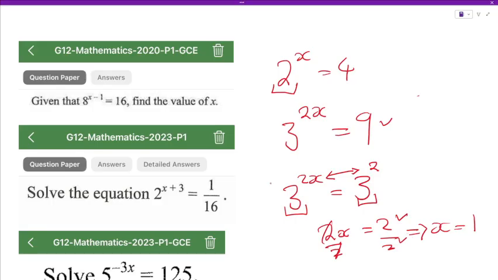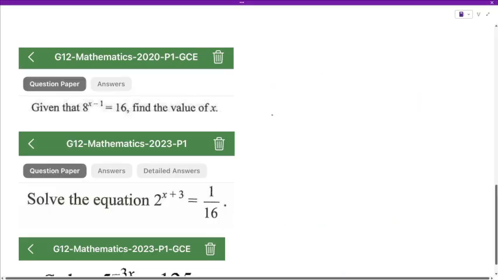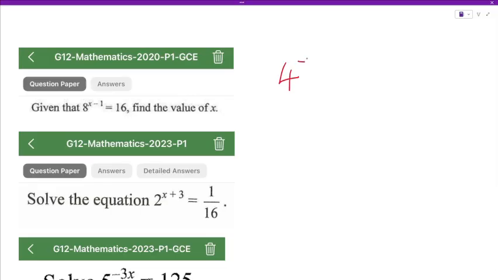There are other scenarios where you have something like 4 raised to the power of negative x is equal to 16. Your goal is to make sure that on both sides of the equal sign, you have the same simplified bases.